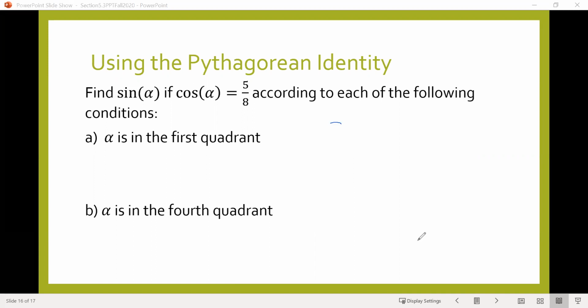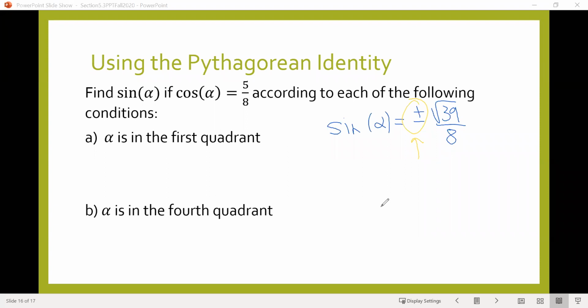Once we worked everything out, what we found is that the sine of alpha was equal to plus or minus the square root of 39/8. And we pointed out that the sine of a particular angle cannot be plus or minus. It has to be one or the other. And so the question is, how do we determine which one that is?